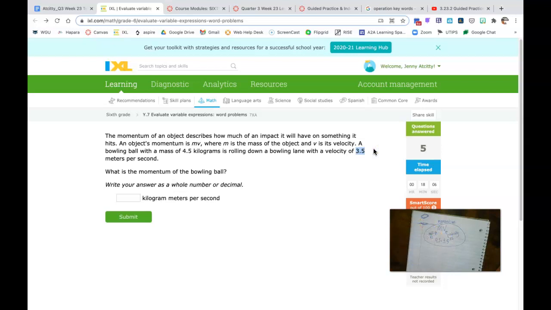Then I can use a calculator to solve that. So 4.5 times 3.5 gives me 15.75 as the momentum. In my answer box, I'm going to type in 15.75.